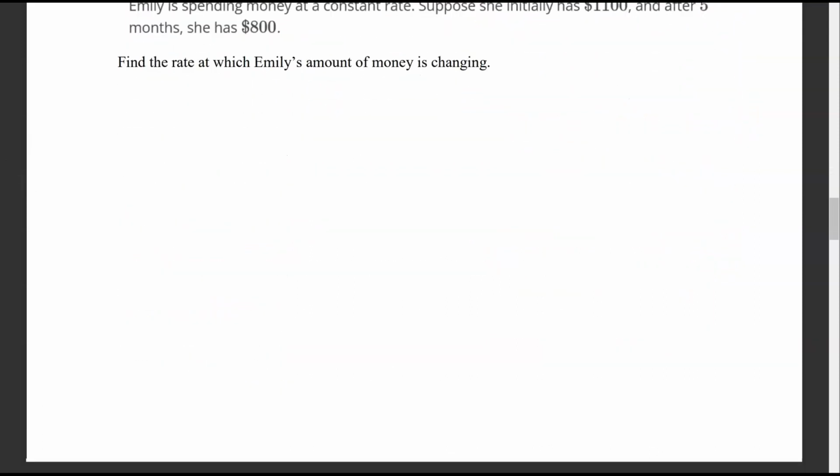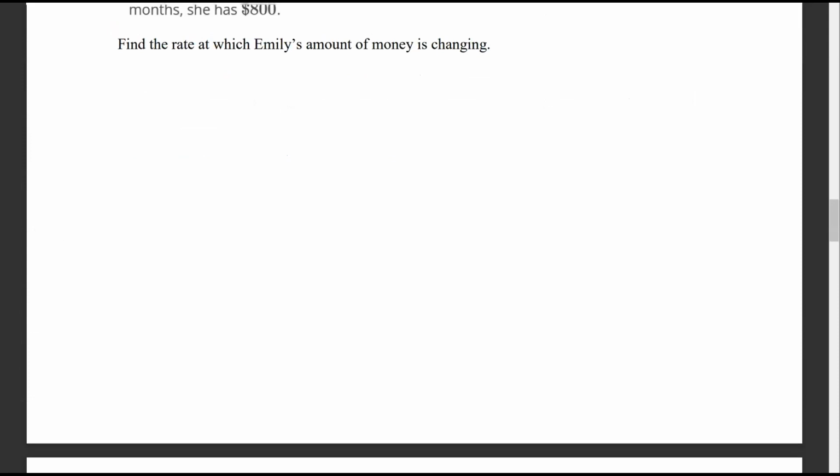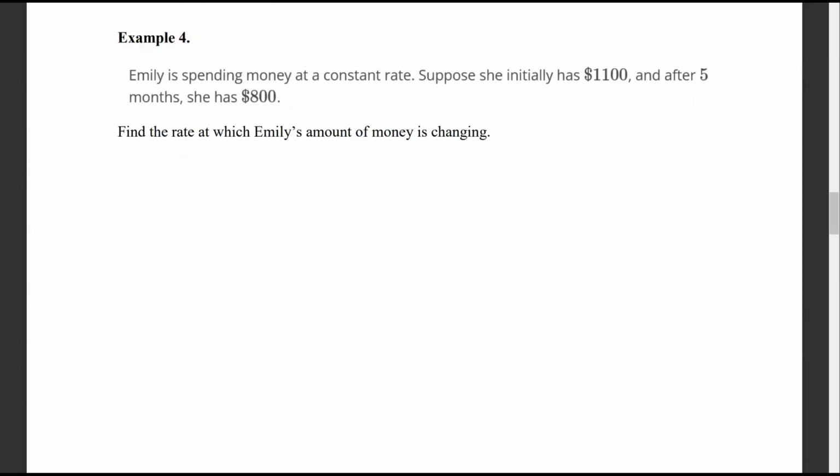All right, example 4. So for example 4, Emily is spending money at a constant rate. Suppose she initially has 1,100. After 5 months, she has 800. Find the rate at which Emily's amount of money is changing. So we have her initial amount.